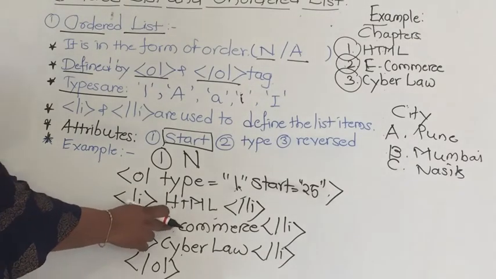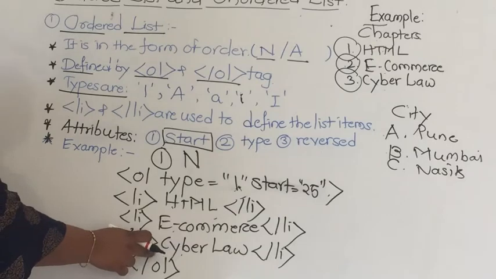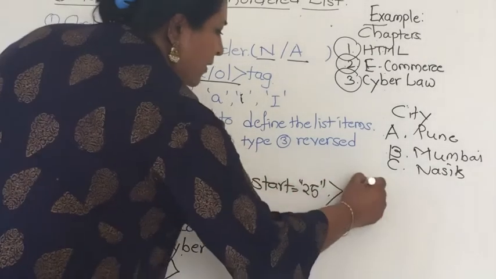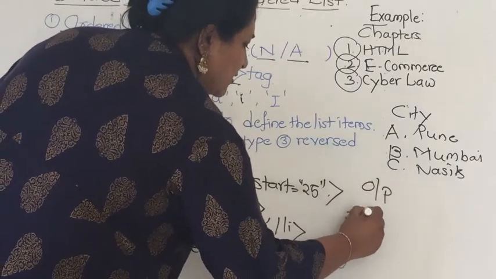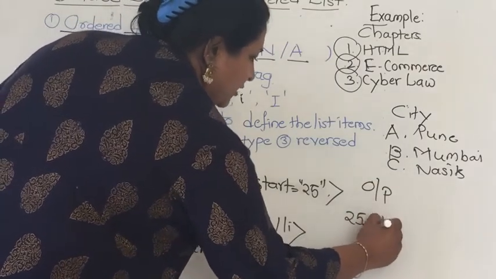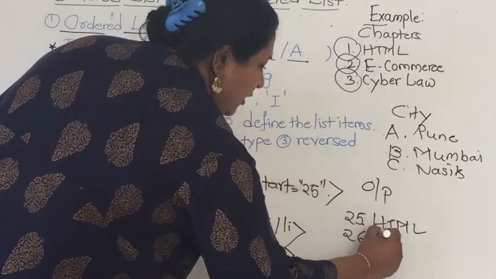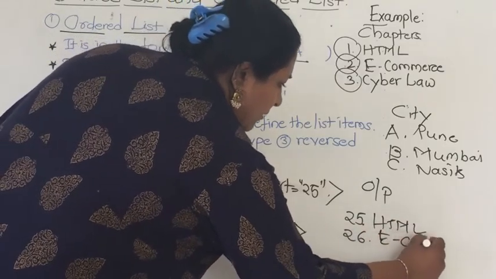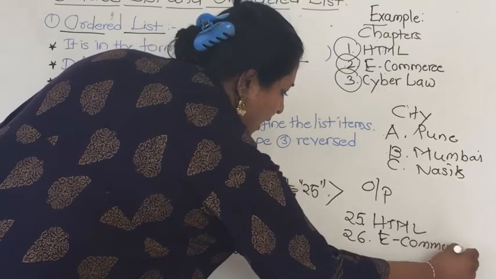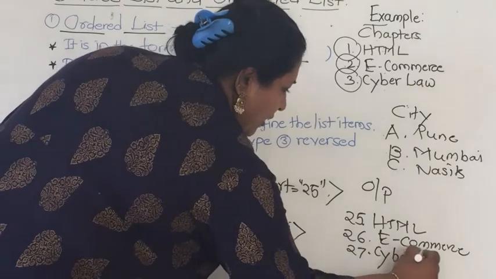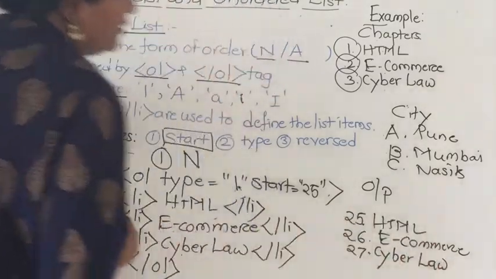Next it is 26, and in cyber law it is 27. So how will the output display? Here my list starts with 25, that is HTML. Then 26 will be your e-commerce, and 27 will be your cyber law. So this is your ordered list.